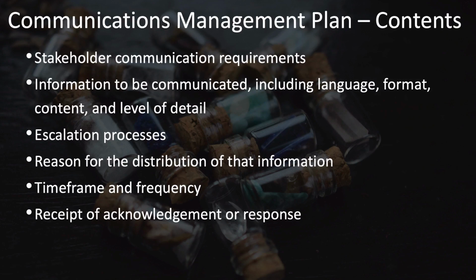This is particularly important when you're working with multinational projects. The format of the information, its content, and the level of detail. Format could be things as simple as whether it's graphical or text-based, whether it's sent by email or hand-delivered or delivered in a meeting or a presentation.